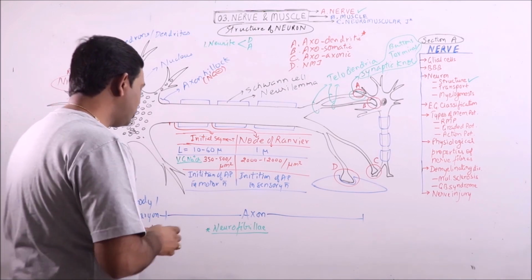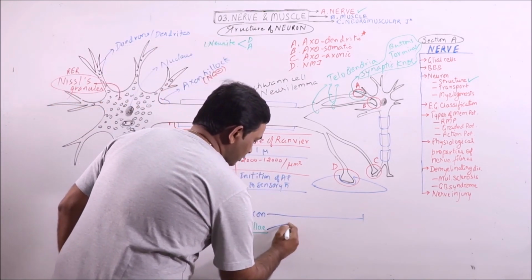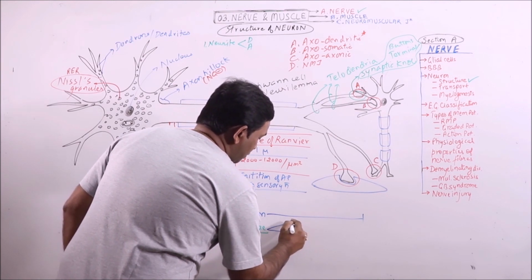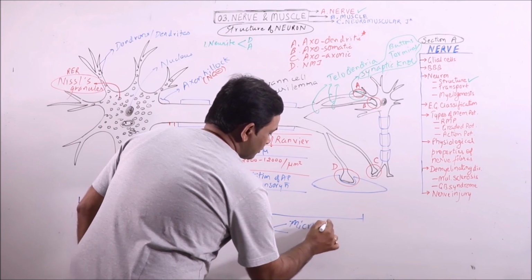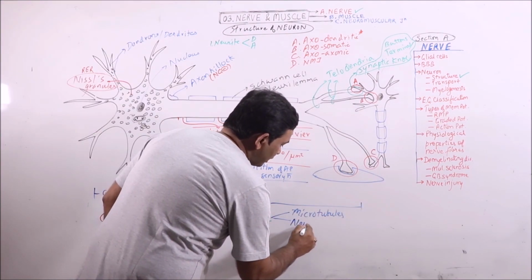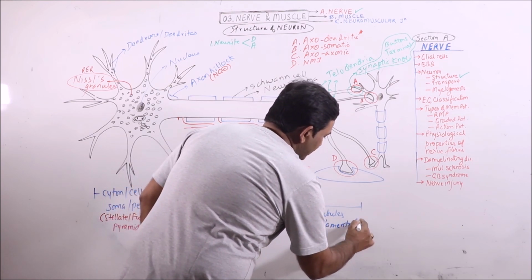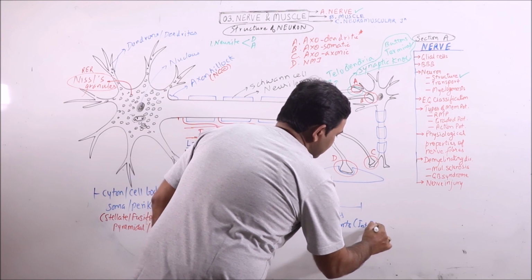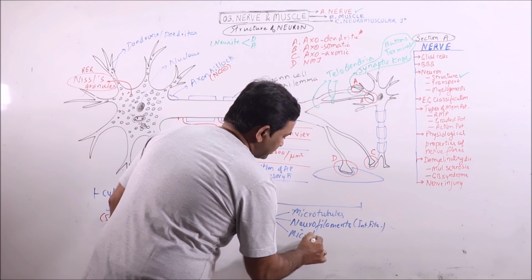Neurofibrillae basically involve neurofibrils, microtubules, neurofilaments, which are intermediate filaments, and the microfilaments.